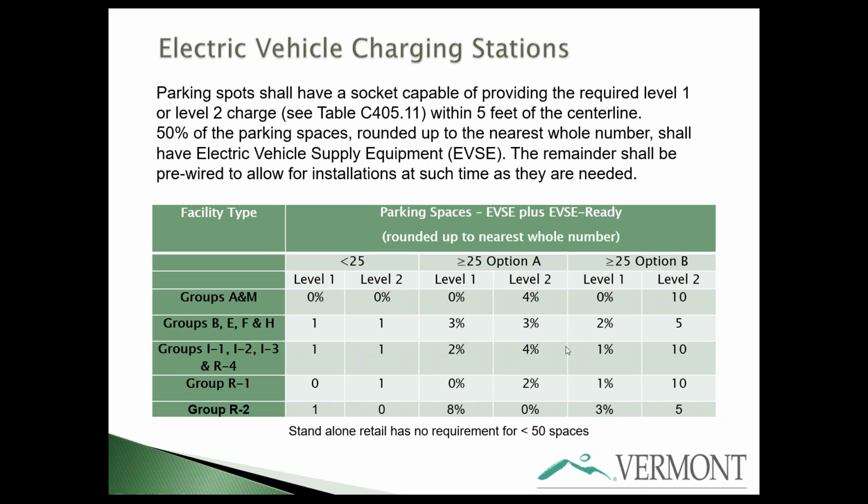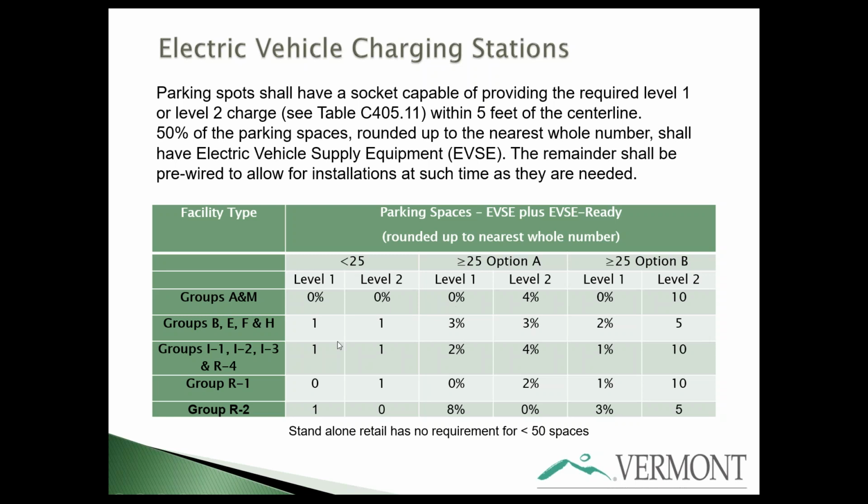If there's 25 or more spots, you have the option of either option A or option B. And if you're trying to minimize the requirement, usually option A will be better when you first hit 25 and start going higher and higher. But eventually, once it gets to be a pretty large parking lot, option B might have less of a requirement, and you can choose whichever one is better for you.